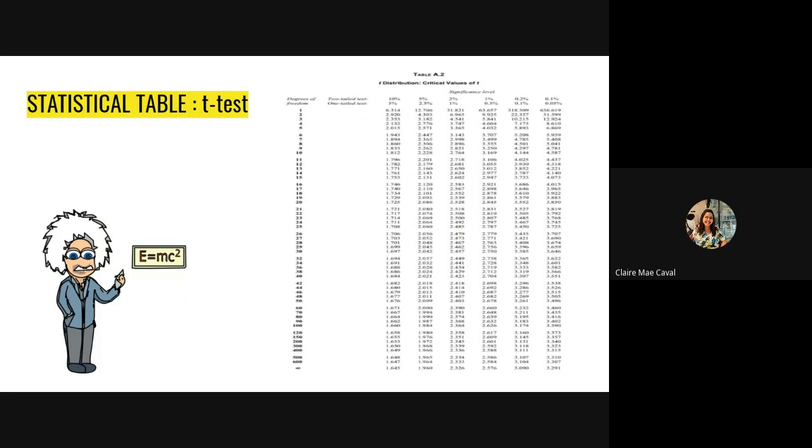In here, like the t-test earlier, 26 is the degrees of freedom, right? And it's a one-tailed test at 1%. So, at 1% one-tailed, with 26, that's 2.479. So, 2.479 is really the critical value.